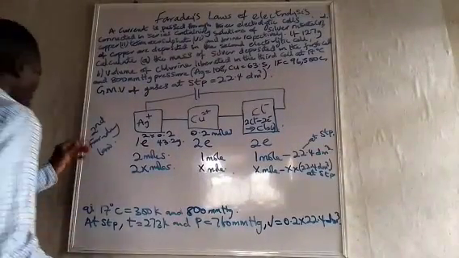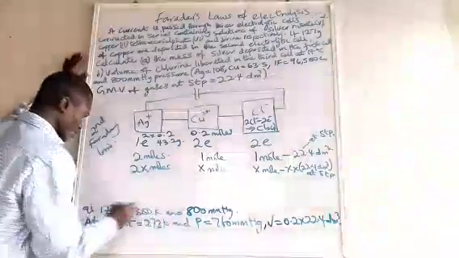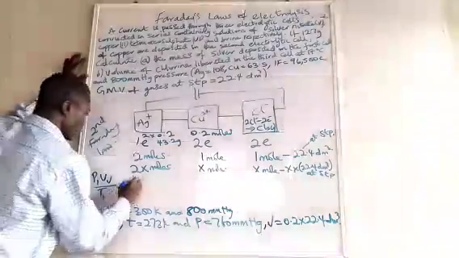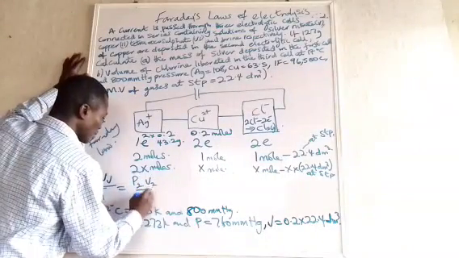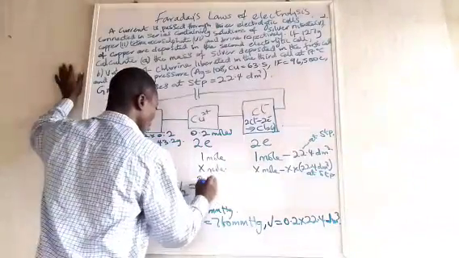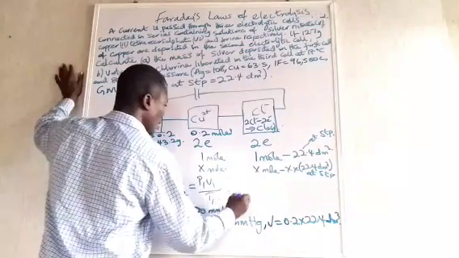So, using the gas law, you can say that V1 over T1 is equal to V2 over T2. So, V2 will be equal to V1 over T1 times T2.